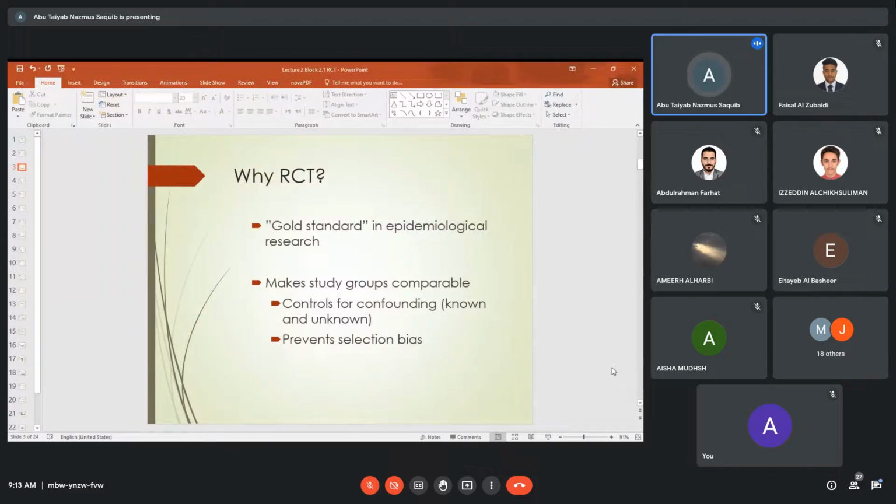It is also called the gold standard. And why is it called the gold standard? Because of two things. One is randomization.